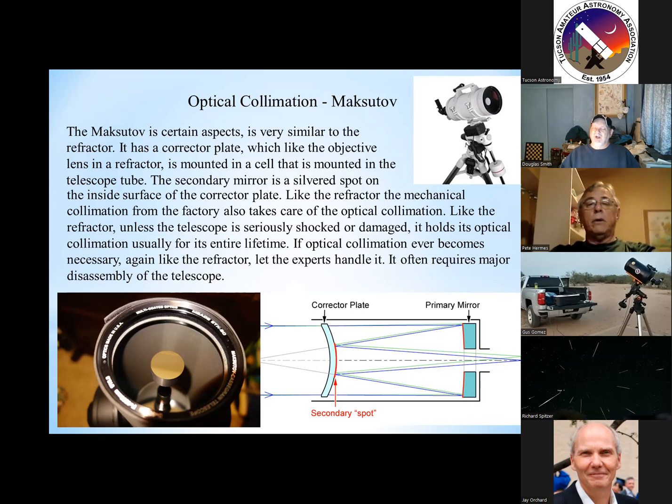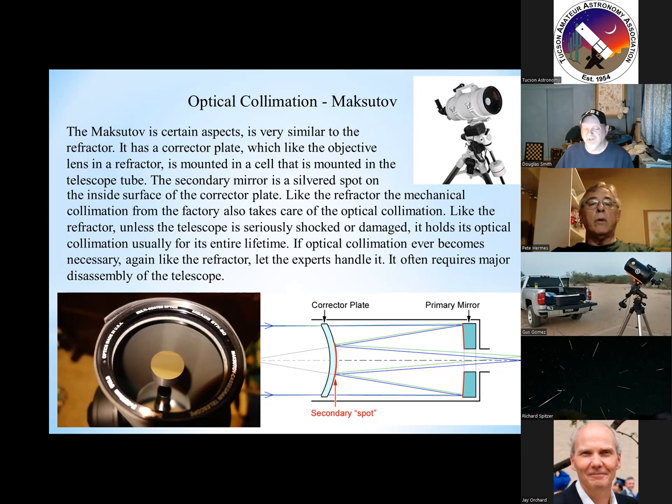So when my little Maksutov stopped being collimated after being out in 120-degree heat in a sealed container, which I will never do again, I had to take it to Frank, and he literally had to take the telescope apart to get to the insides, because that's the only way you can adjust the main mirror and everything else in there. That was a painful lesson that I learned. That Maksutov is now stored in the house all the time.